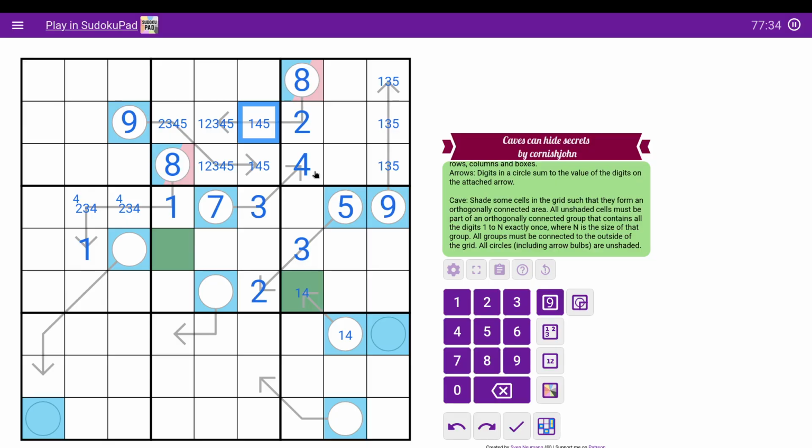This is 4, therefore this is 2. That is the easier way to see that. One of these has to be 1. This has no 3.